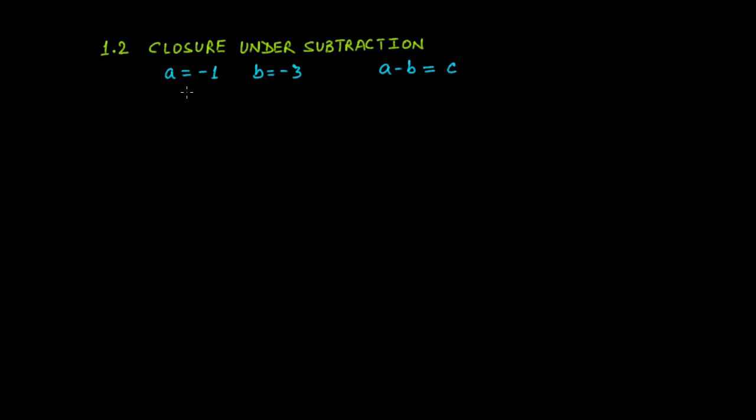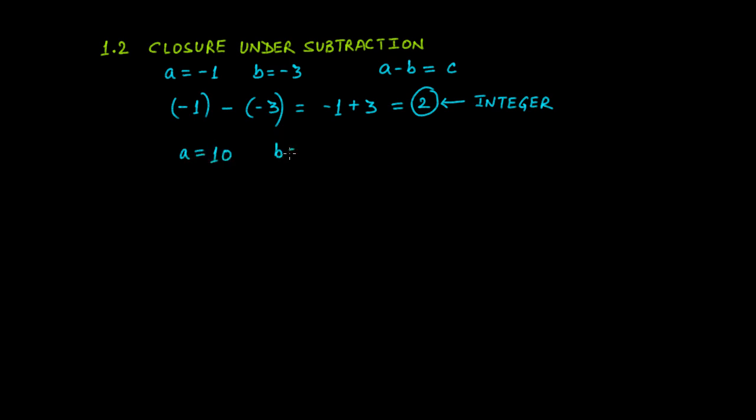So here you have a is equal to -1 and b is equal to -3. So -1 minus -3: this minus and this minus will make it plus, so you'll get -1 plus 3, which is 2. Now 2 is an integer. Let's take two positive integers and then subtract. Say a is equal to 10 and b is equal to 7.